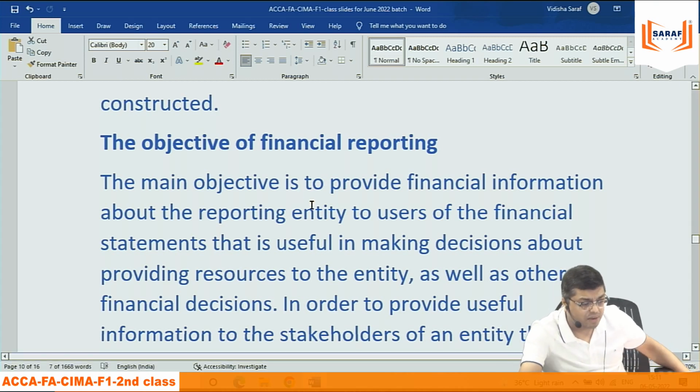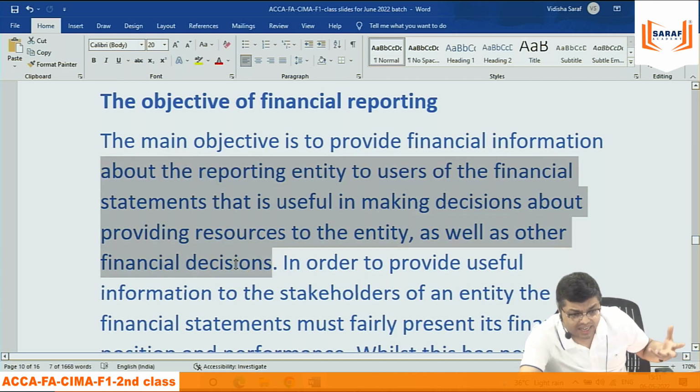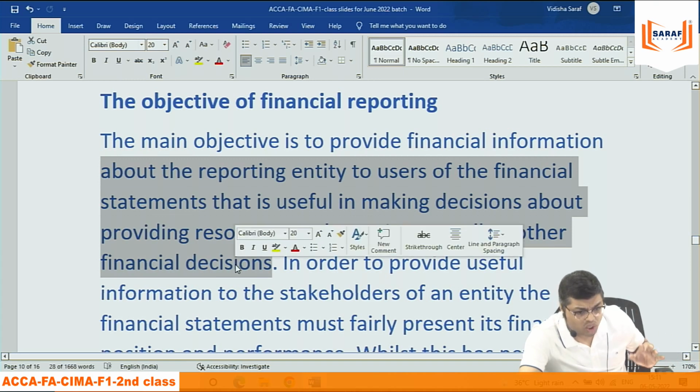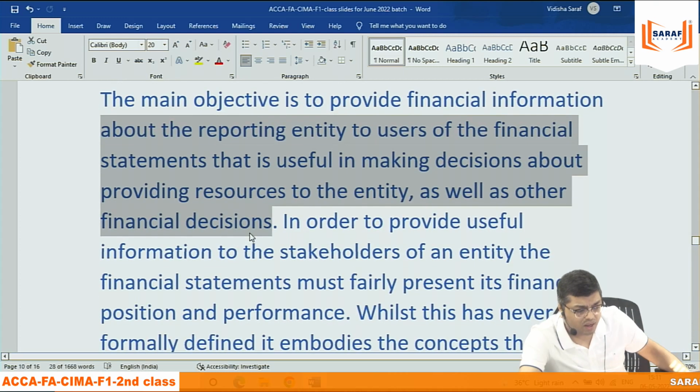The main objective of financial reporting is to provide financial information about the reporting entity to users of the financial statements that is useful in making decisions about providing resources to the entity as well as other financial decisions. Whoever the users are, you can call anyone a user, they should not face difficulty in taking their decision; they should be able to decide properly. That is the objective of the framework.